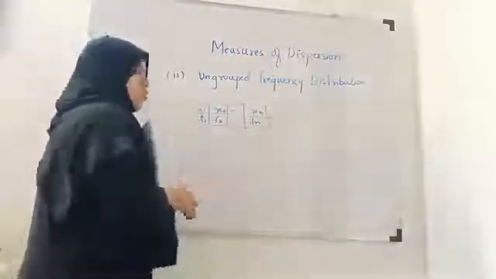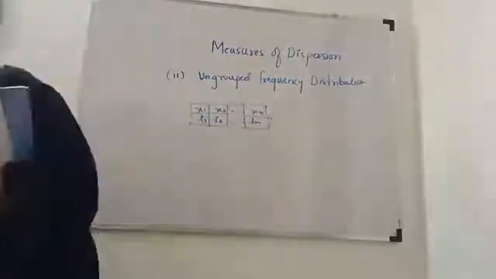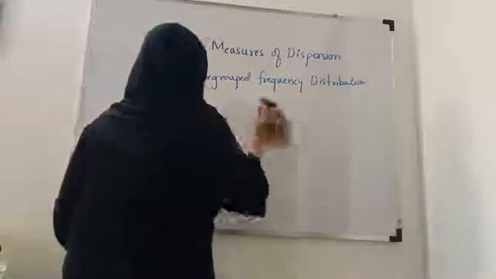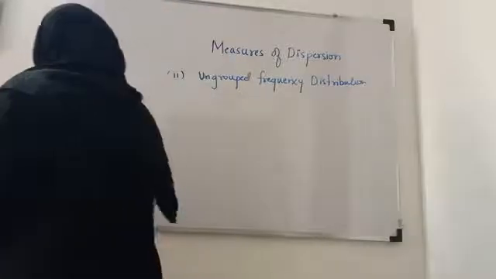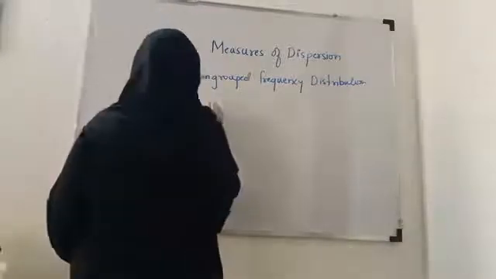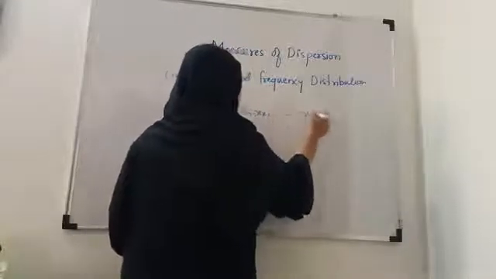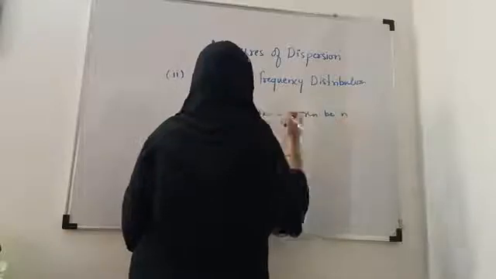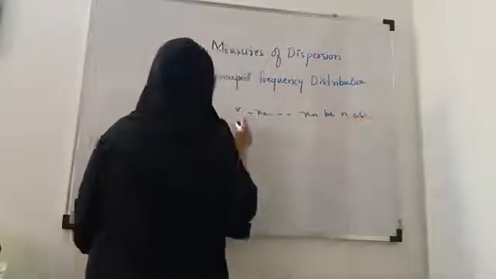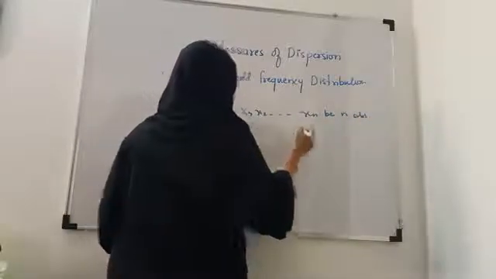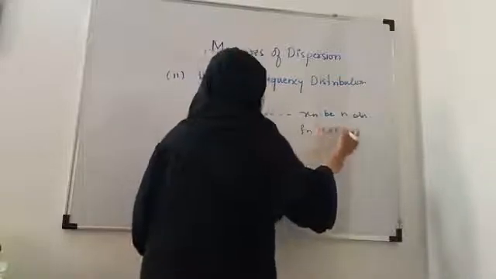Okay, so for this the formula for the variance is different. So let x1, x2 up to xn be the n observation with f1, f2, fn corresponding frequency.